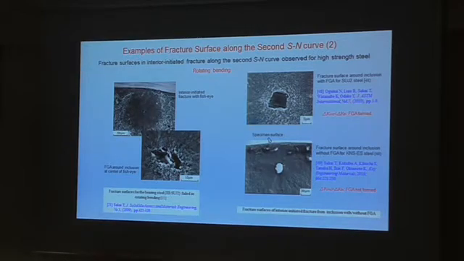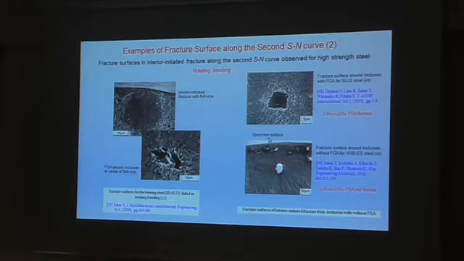And this one is a similar type of crack initiation. At the center of the fissure, we can observe the inclusion over here, and we can find the fine granular area in the vicinity around the inclusion, as shown here.